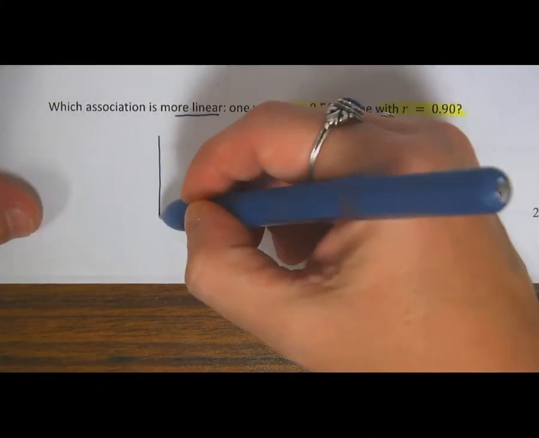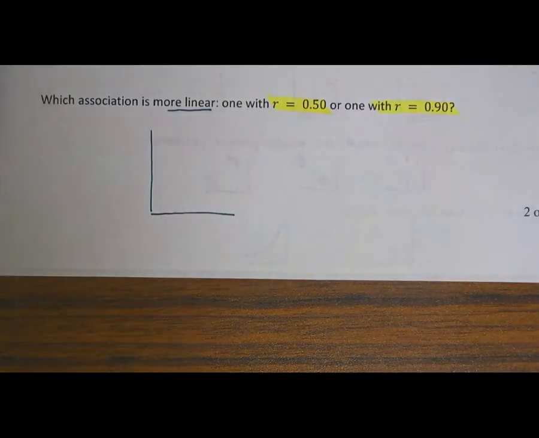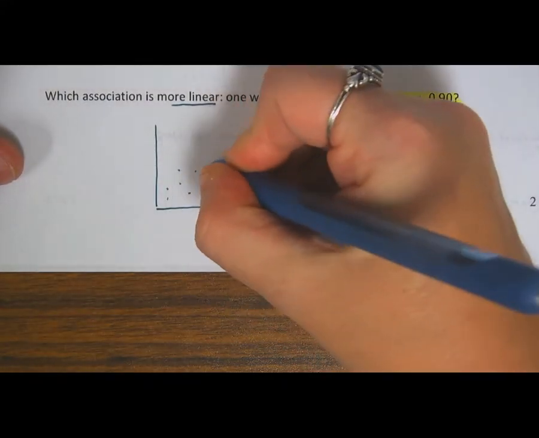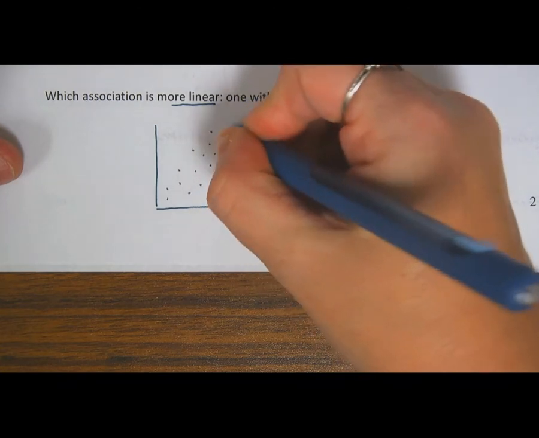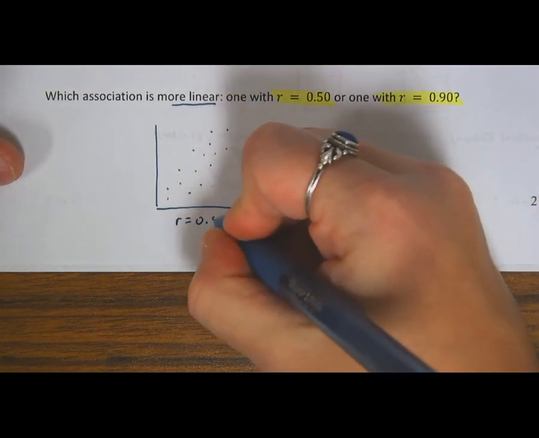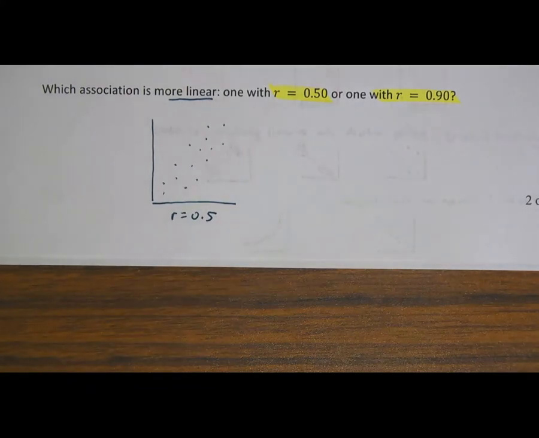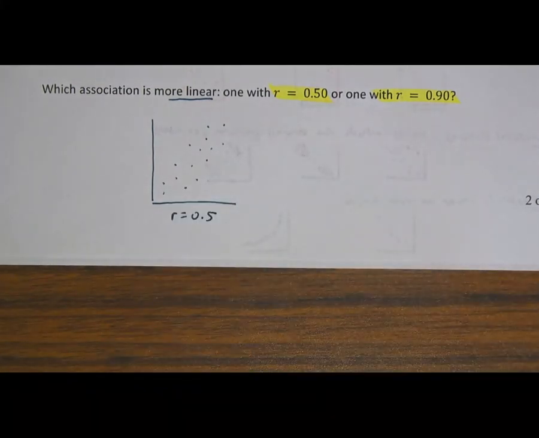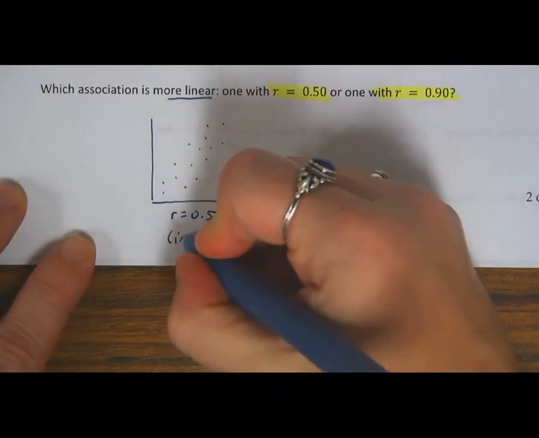So here, let's draw like R, it's linear, but it's kind of right in the middle. So let's illustrate that 0.5. It's positive. It's just kind of in the middle of weak and strong. That's linear.